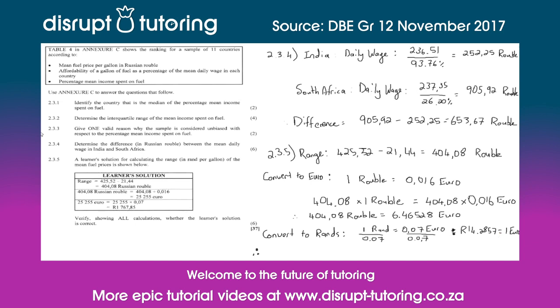So as I said, therefore, this 6.46528 multiplied by the exchange rate, which is our 14.2857, and this equals R92.36 rand.